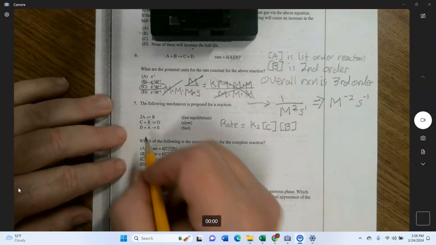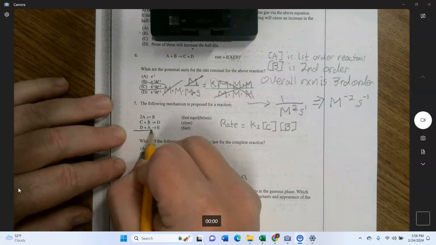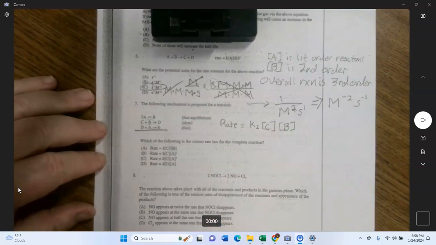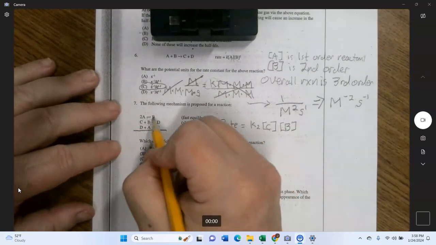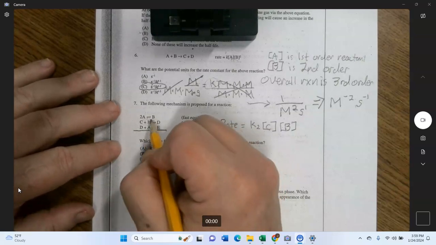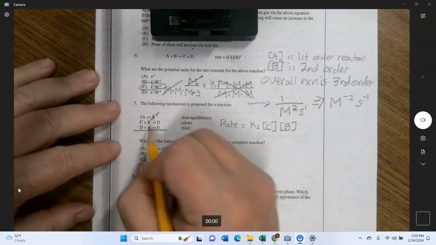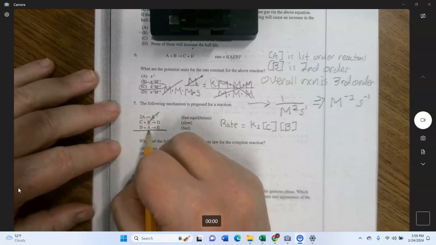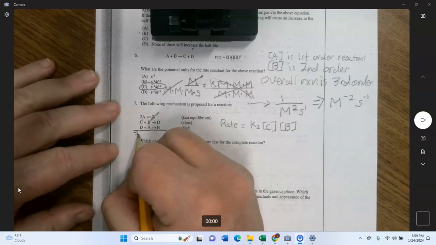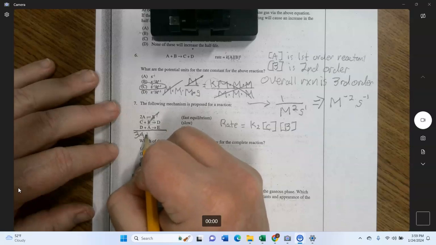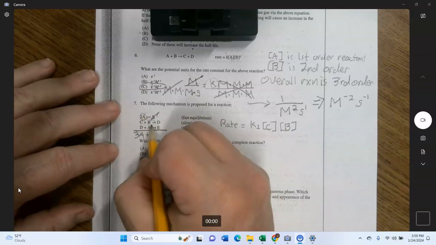So first thing you've got to do, and really should have done this first, is figure out what the overall reaction is. So let's look at it. We've got B on the right and B on the left. They cancel. We have 2A on the left and A on the left, so they add. So they become 3A. Okay, so I'm going to circle them because I used them.